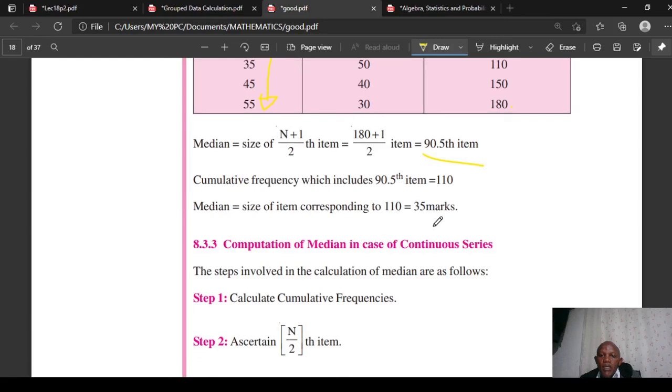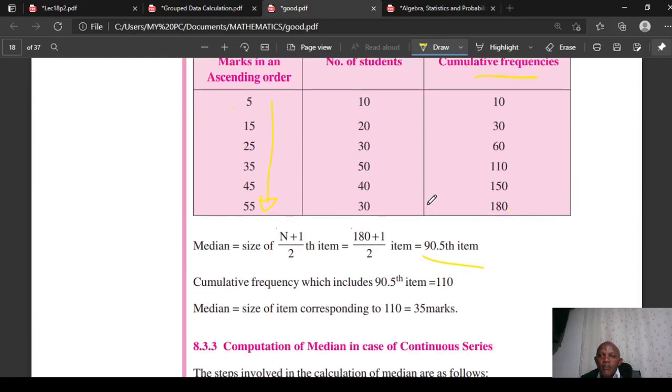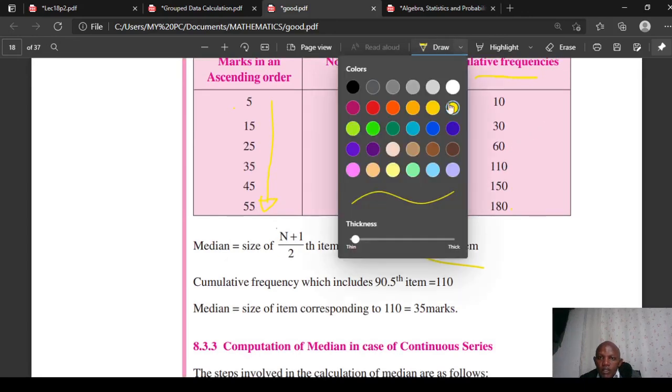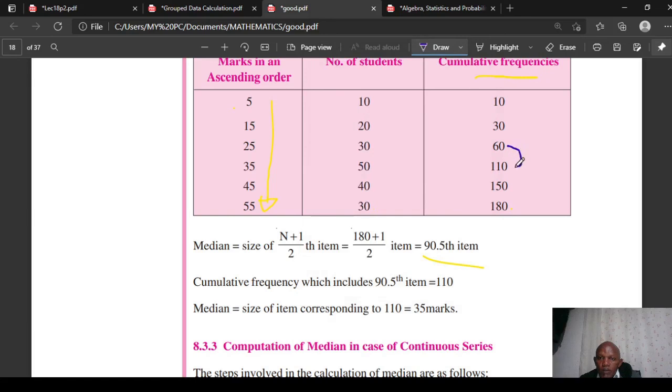Now, where does position 90.5 lie? So 90.5 lies between here. Just look at this. 90.5 is somewhere between here.